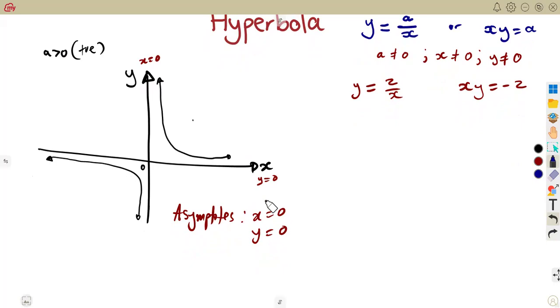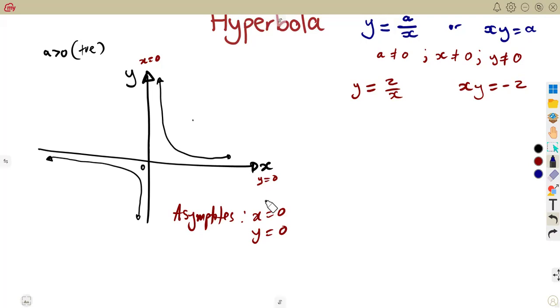So meaning to say, when you are working with a hyperbola, that is a condition that you must consider. X is not supposed to be equal to 0. So this part also affects the y condition. Because of these asymptotes, y cannot be equal to 0 again.